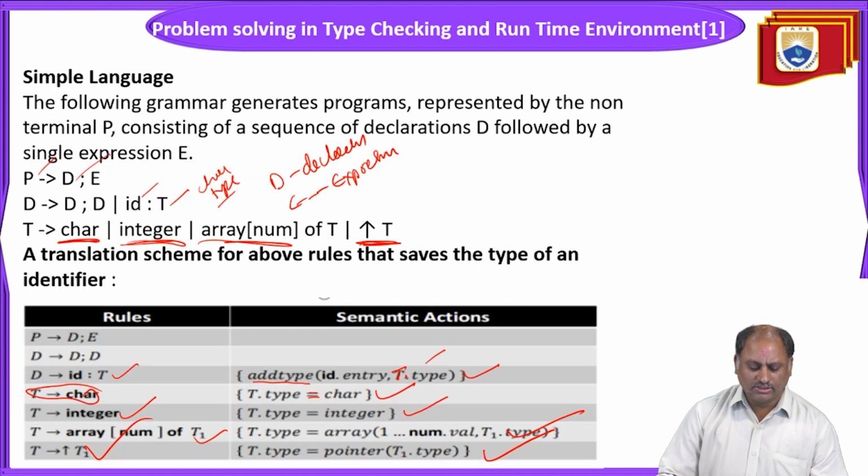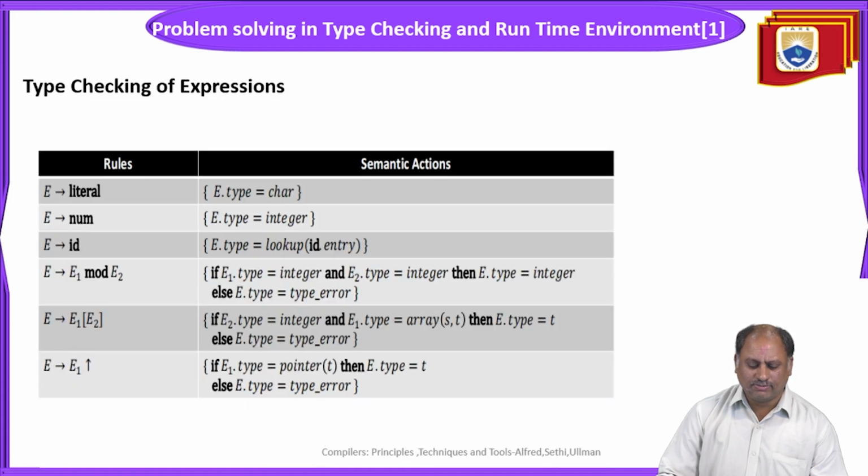That is, what is the sequence of execution of the statements while performing an expression and what semantic actions it performs. Similarly, in case of expression, what are the semantic actions to be considered for each of the expressions, where it contains array type, pointer type, mod type, and identifier, numeral, and literal.